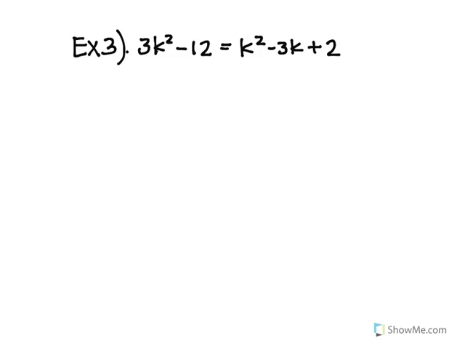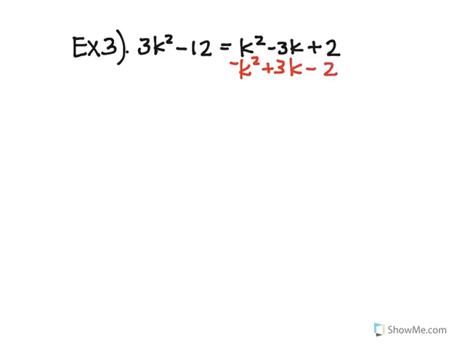Alright, with this last example, you can see that on our right side, we've got all of this. It should be equal to 0, so I need to figure out how to get all of that to go to the left side so that there's nothing left on the right side. All I have to do is the opposite, so I'm just going to change all of this. Since it was positive k squared, it's now negative.